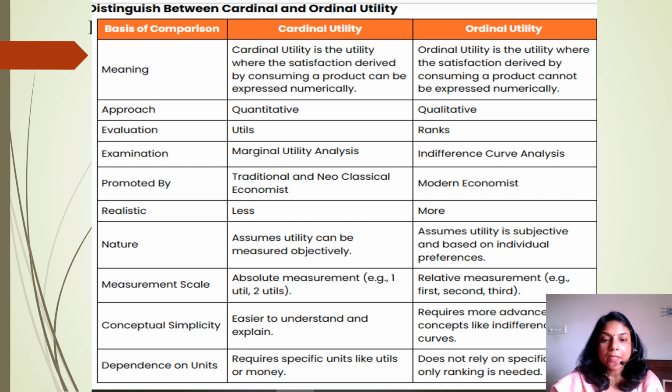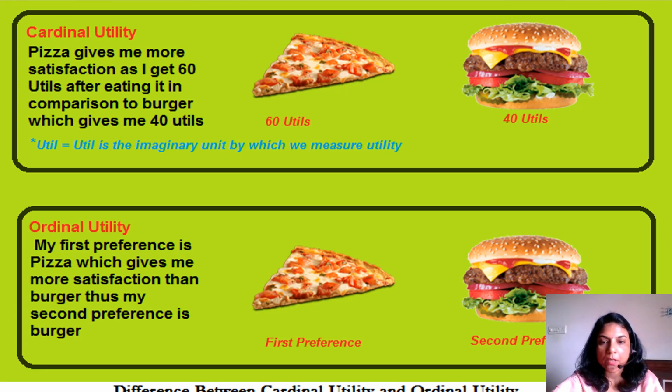Conceptual simplicity: cardinal utility is easy to understand and explain, but ordinal utility requires more advanced concepts like the indifference curve. Dependence on units: cardinal requires specific units like utils or money, but ordinal does not rely on specific parameters. It relies on ranking whenever needed.